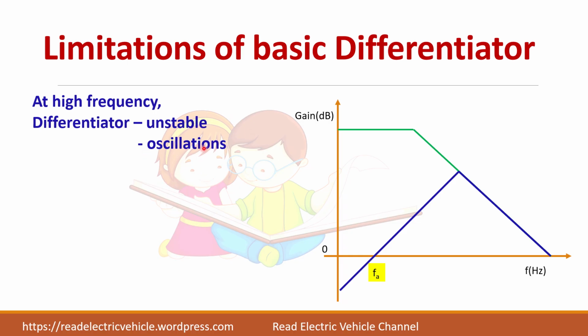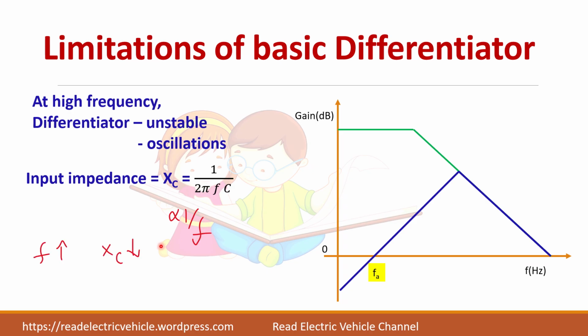Apart from this, another major issue is input impedance. If you see the circuit, the input impedance is actually one capacitor, that is Xc. Xc is 1 by 2 pi Fc, so inversely proportional to frequency. When the frequency is high, the capacitive reactance will be low.